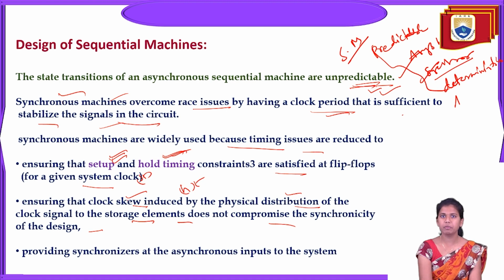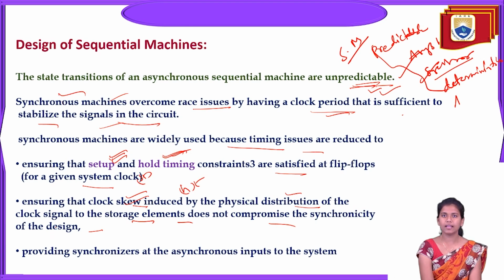This is because a common clock is used. We are discussing synchronous sequential machines, so obviously a common clock is set, in order to omit all these constraints regarding the timing setup.